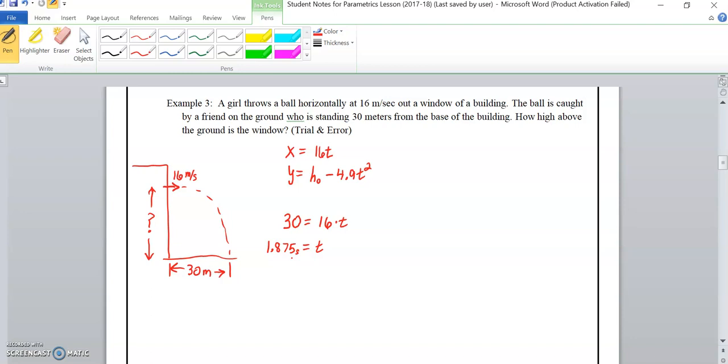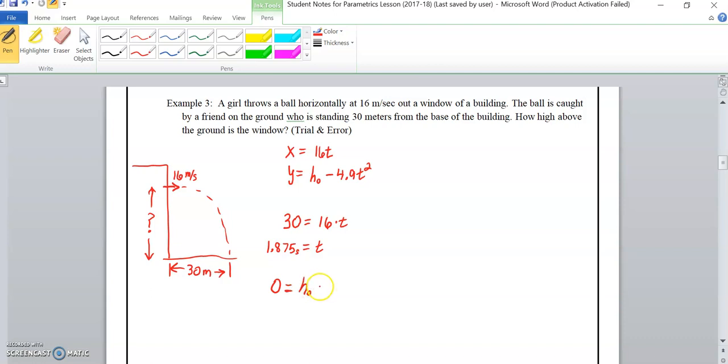Now we can say, well, if we know t, we can plug it into this equation, and we can still use y equals 0 and say, well, after some amount of time, rather than knowing the starting point and setting the end and finding t, we're going to use the fact that we still hit the ground, so our final position is still 0.